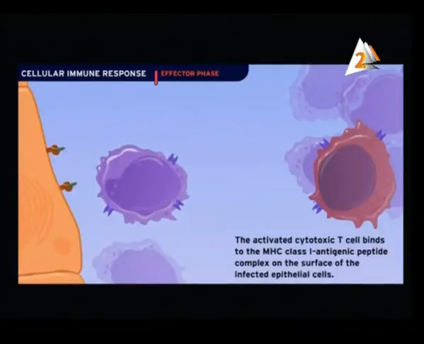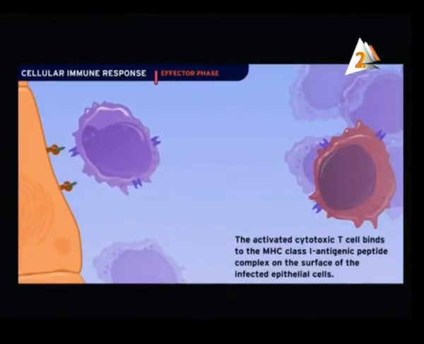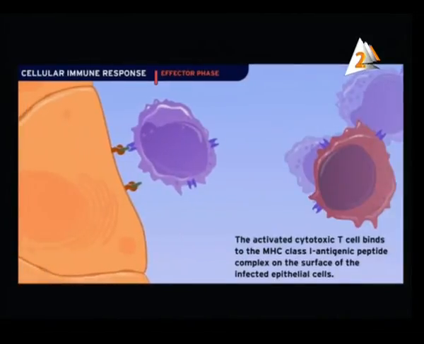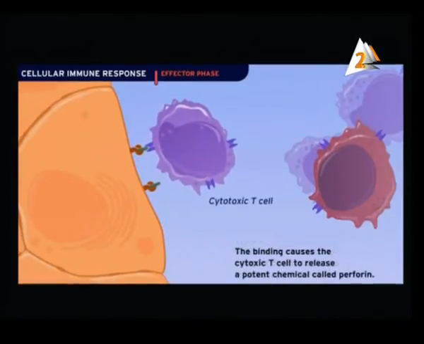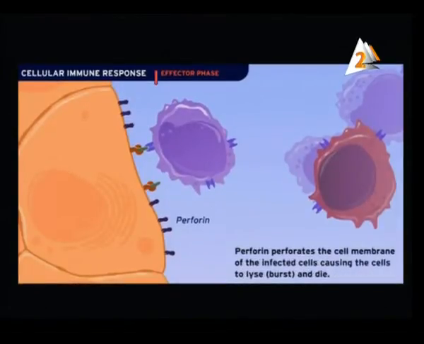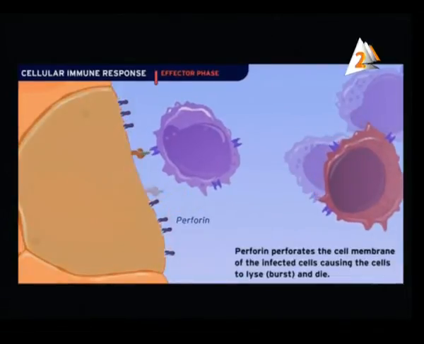Also, it secretes different types of proteins, cytokines, that do the following: attract the macrophage to the infected site in large amount, and stimulate the macrophage and other types of T lymphocytes and B lymphocytes, therefore activating both cellular and humoral immunity.